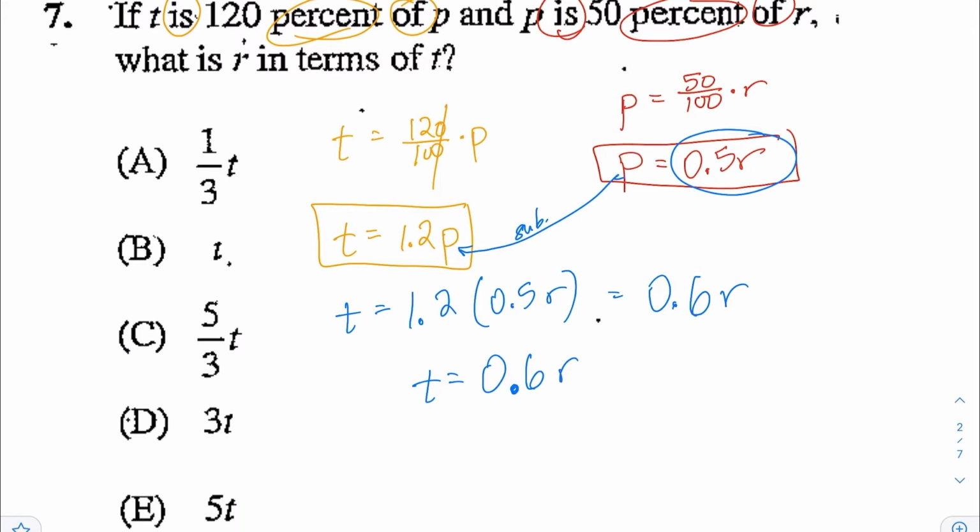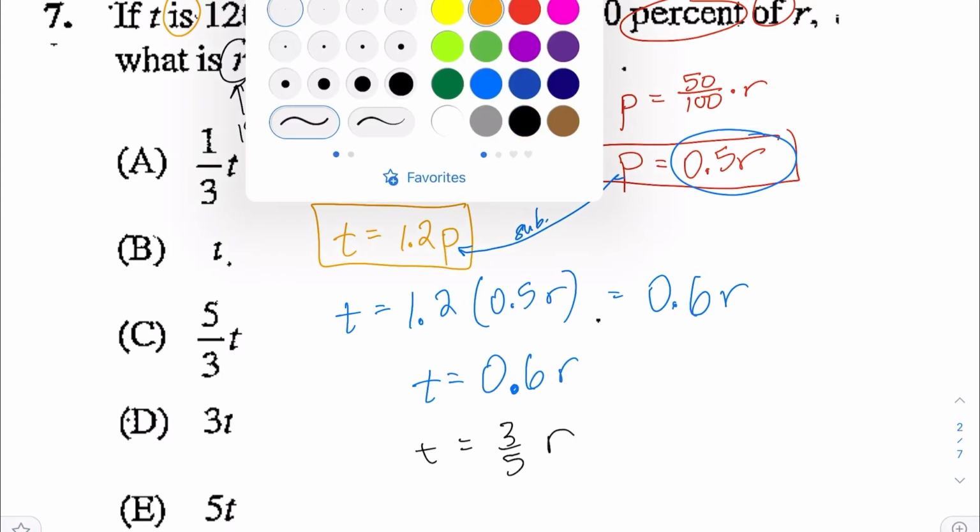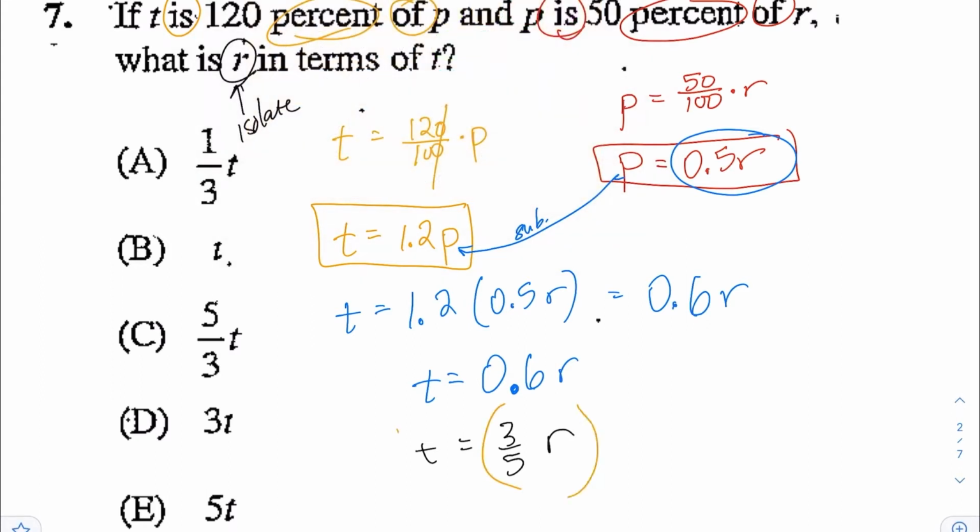Now you want R in terms of T, and what that means is you have to actually get R by itself. So in order to isolate the variable R, you're going to have to divide by 0.6, or you can also write this as 3/5. And by putting this as a fraction, you can multiply by the reciprocal 5/3 on both sides to get rid of the fraction.